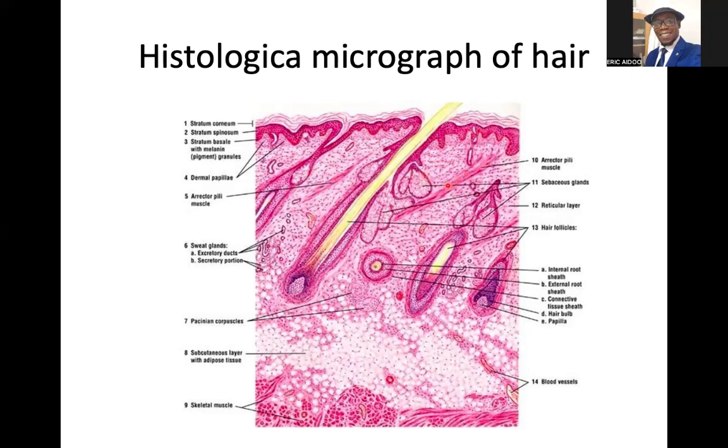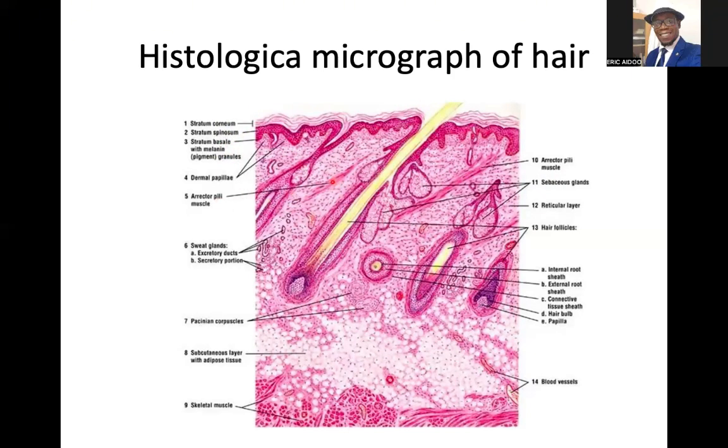You have the smooth muscles there, the arrector pili muscle, that is the reticular layer, and obviously that will be the papillary layer. So that is stratum corneum, stratum spinosum, stratum basale with melanin, which we covered in an earlier video on the skin.